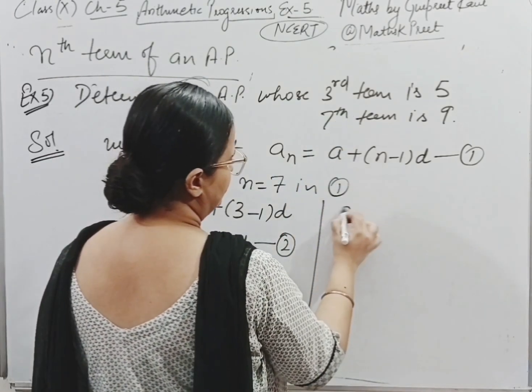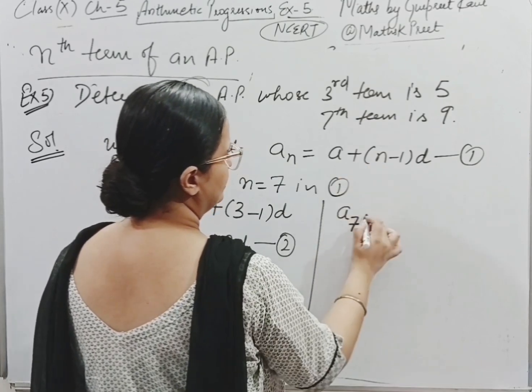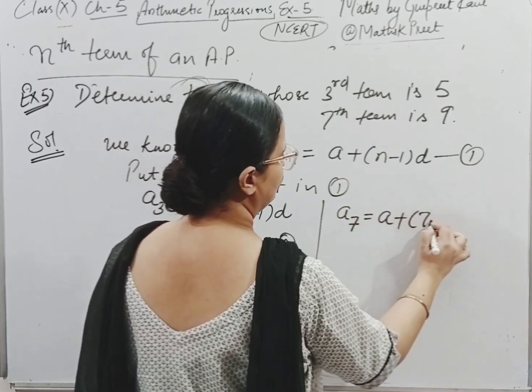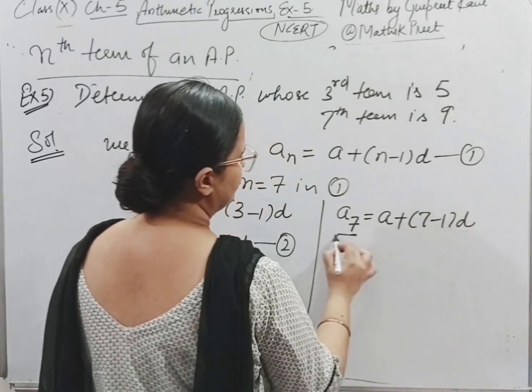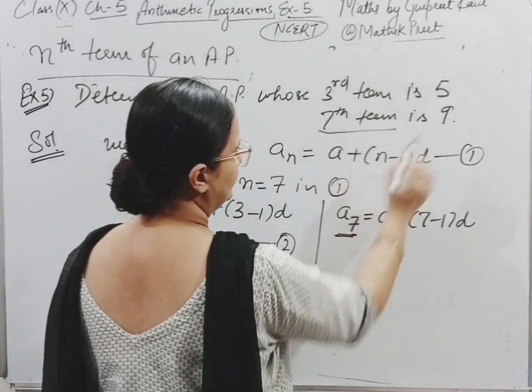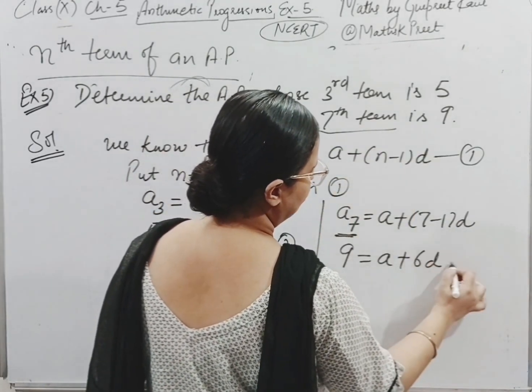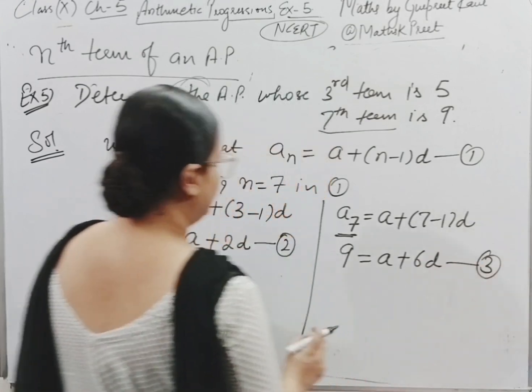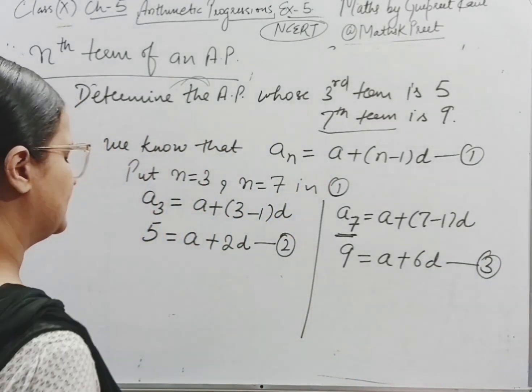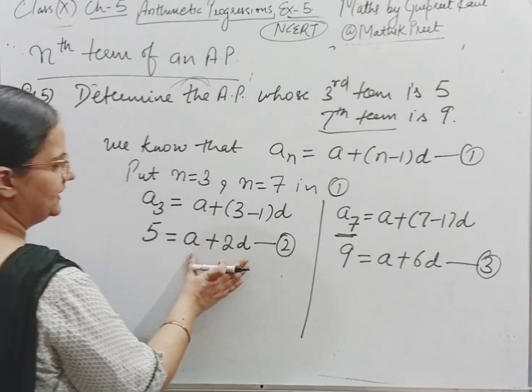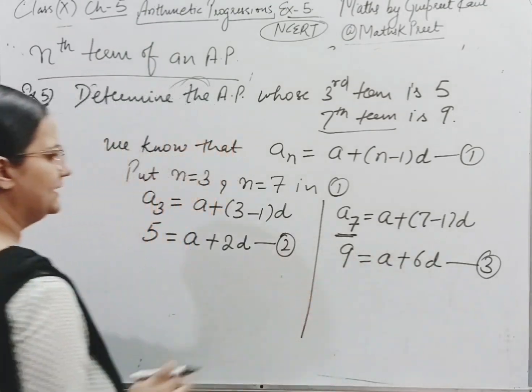Now we have 7, so I'll put 7 in this formula. I am getting A plus 7 minus 1 into D. The seventh term is 9, so 9 is equal to A plus 6D, equation number 3 for this question. Now I have two linear equations in A and D.